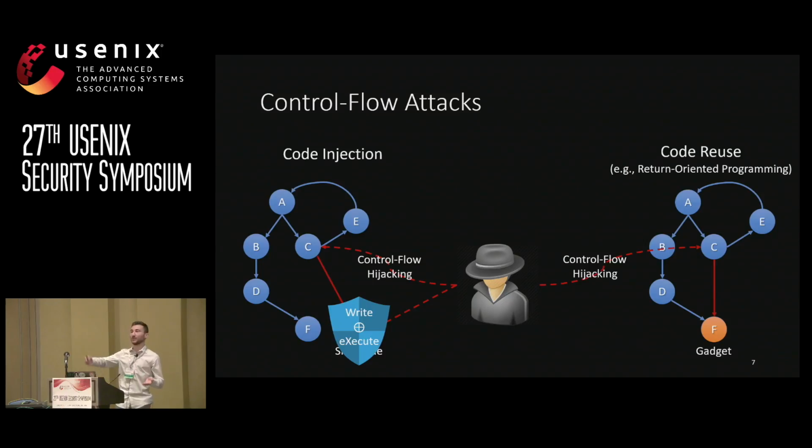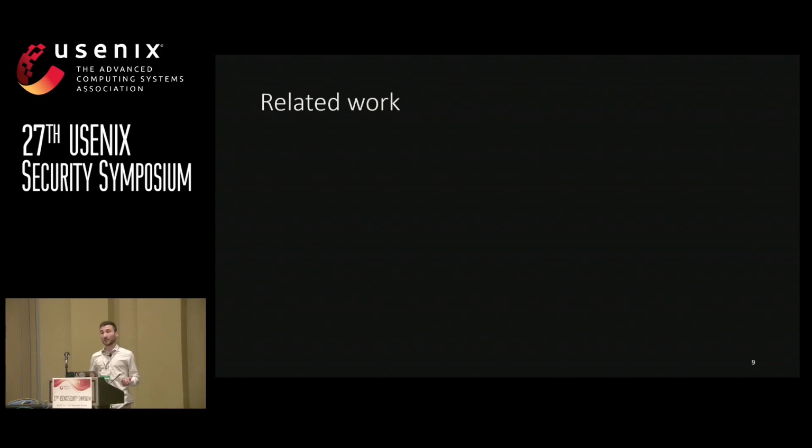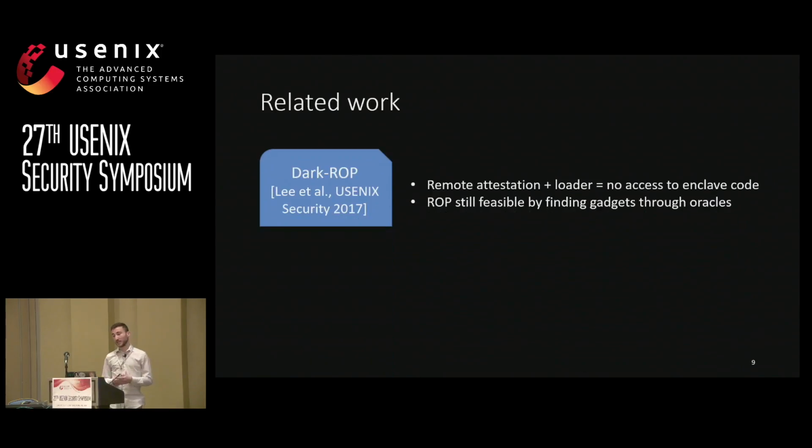So you have one gadget returning to the next one on the chain. To mitigate against this, we can use control flow integrity. Control flow integrity at compile time computes the possible valid control flow transfers in the program, and then checks those at runtime.